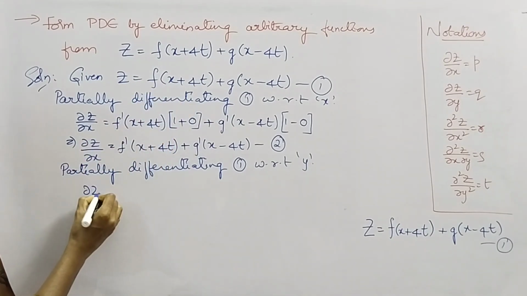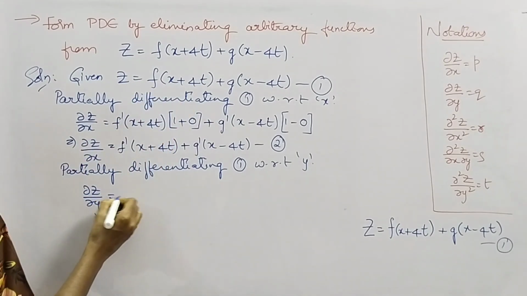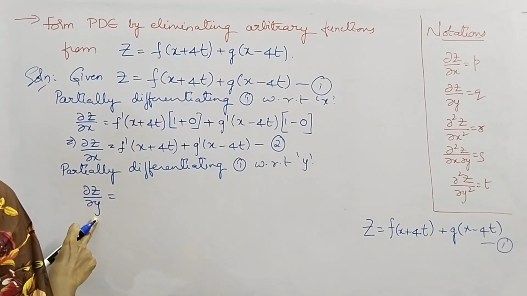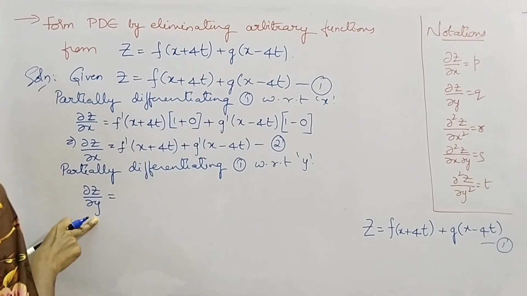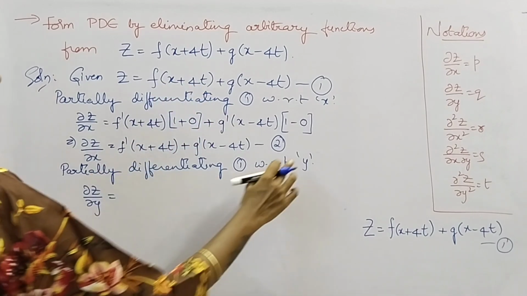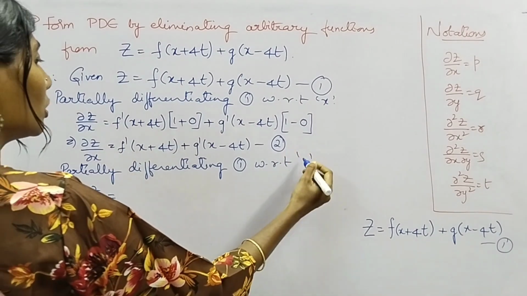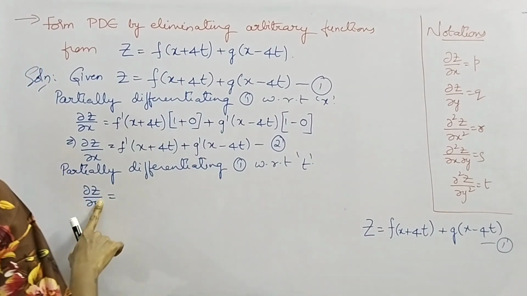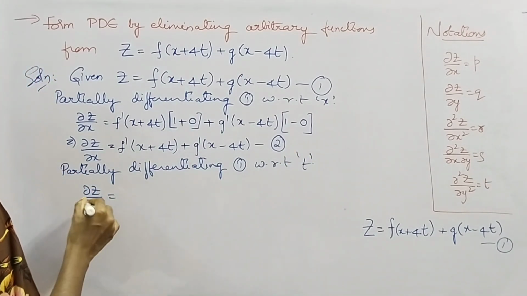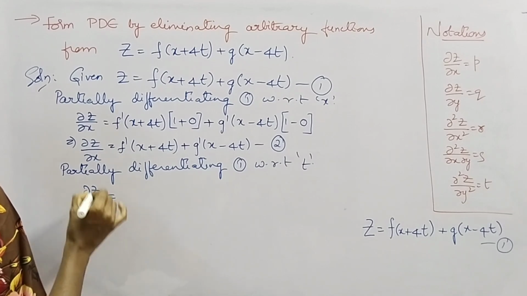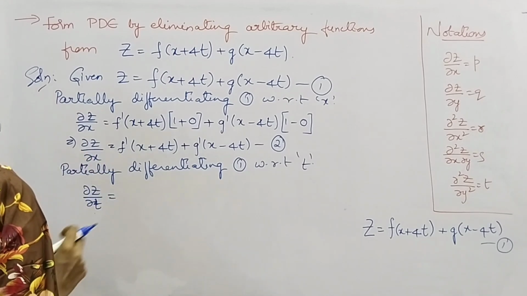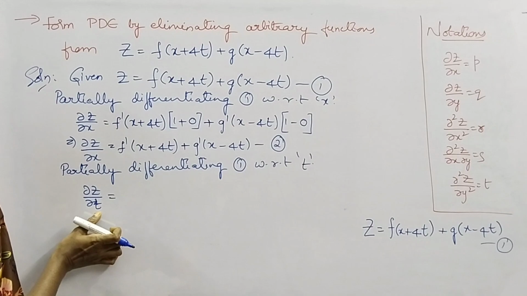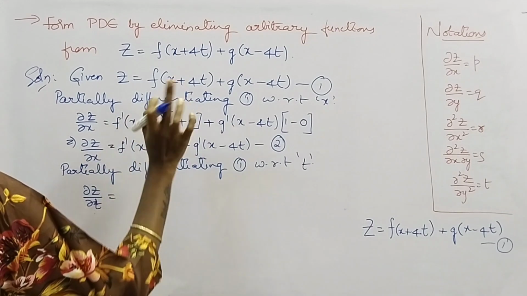Then we'll get dou z by dou t equal to the partial derivative. We have the second variable t, and we don't have y here. Since we are partially differentiating with respect to t, we'll treat x as constant, okay?